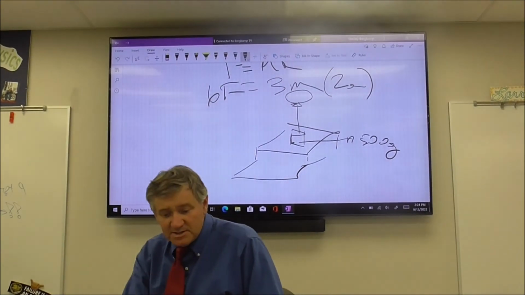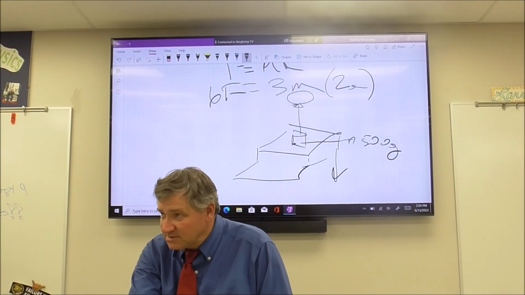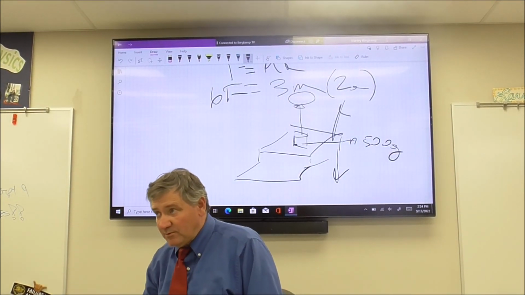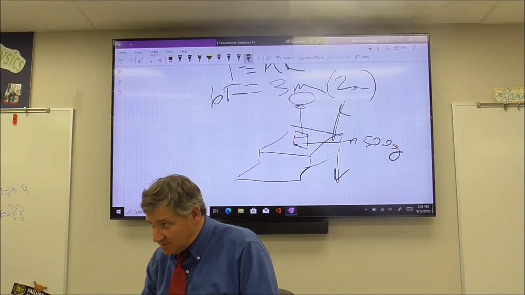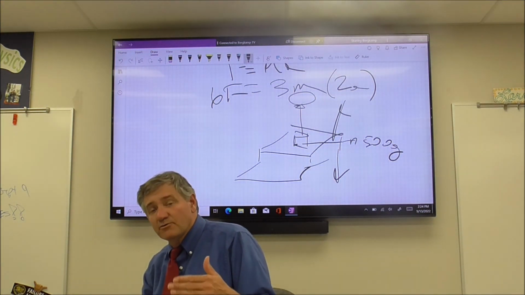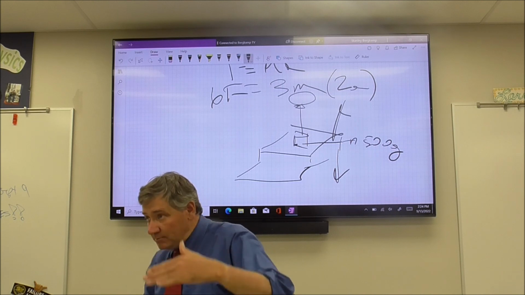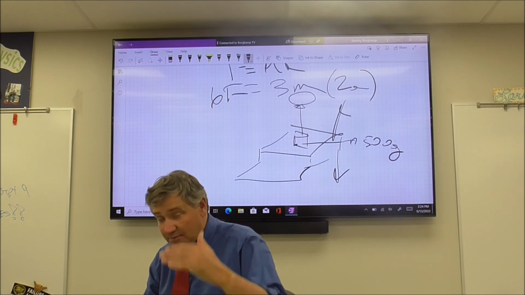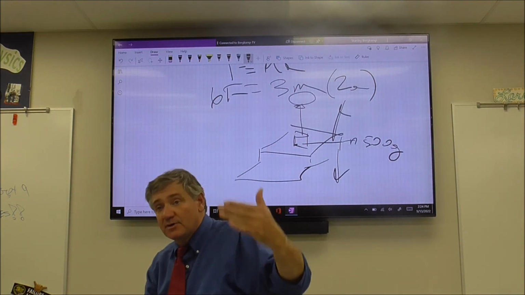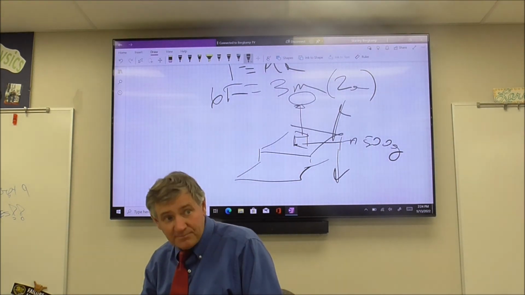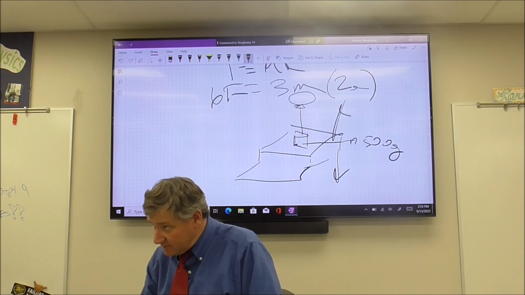So in this situation, you're going to have some downward forces and some upward forces. Because everything has to add up to 0, this is where it would be beneficial to make the weight a negative value, and then define your upward forces, the balloon and the force from the scale, as positive values.